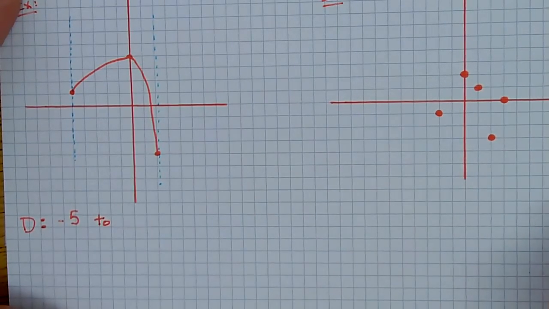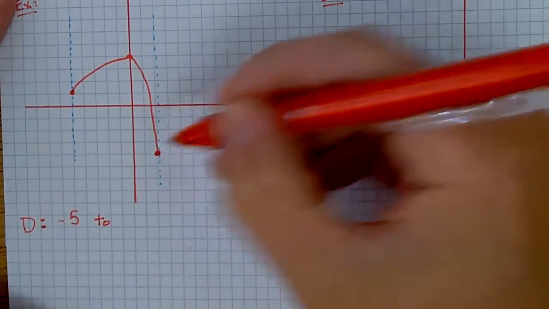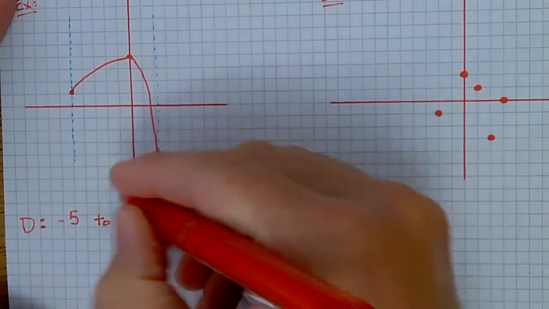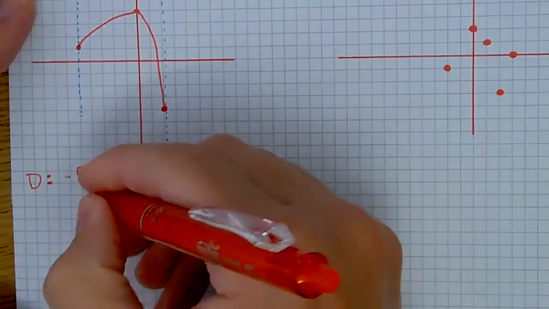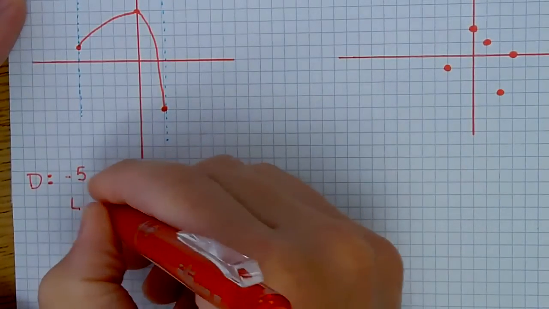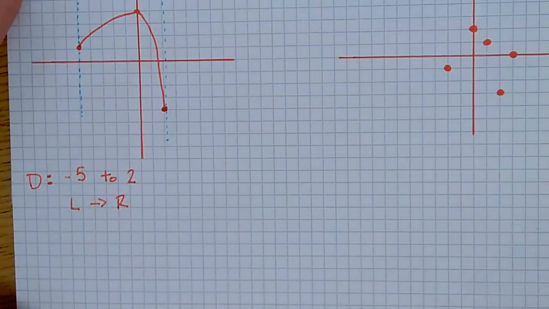And that's going to go to my furthest point to the right, which in this case is this one, where my X value is +2. So domain's always going to go from left to right, okay, whatever that furthest value is.